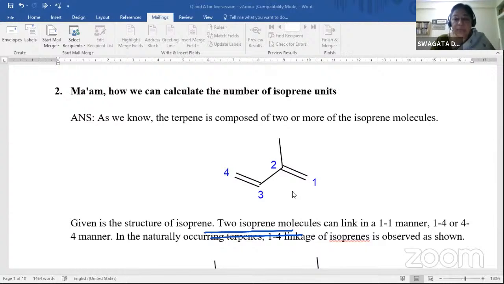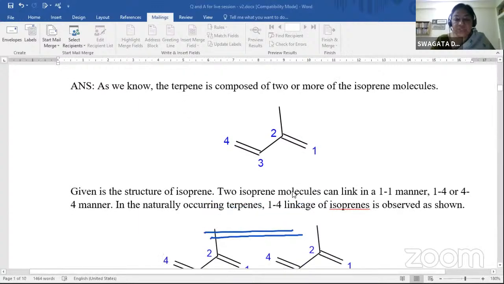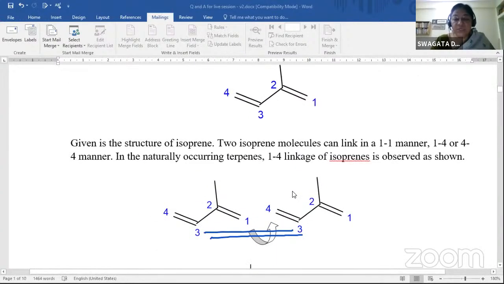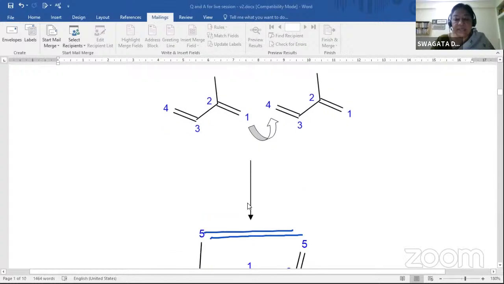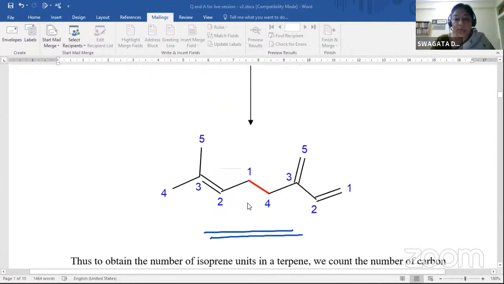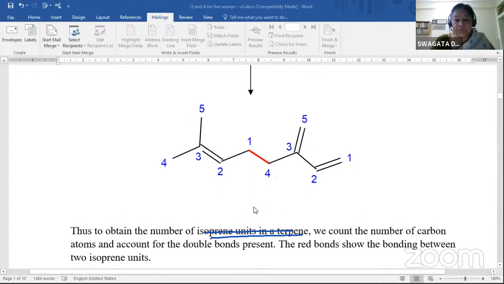So when we look at the naturally occurring terpenes, we have what is called a 1-4 linkage, which we see as a connection here, depicted in this form, and the connection shown in red is the connectivity obtained because of the connection of these two isoprene units.